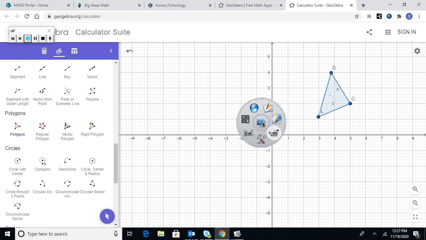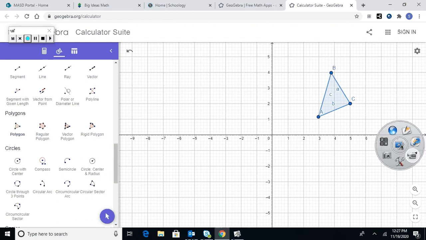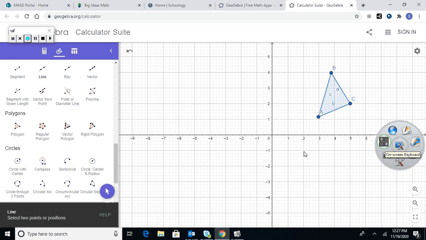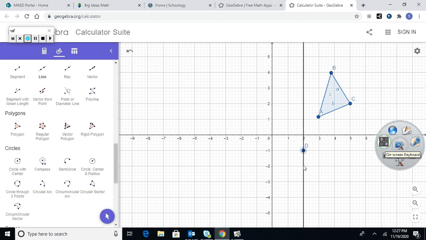And now, like I said, this exploration deals with reflecting this figure, this pre-image, in a pair of parallel lines. So I'm going to put a line at x equals 2, and then a parallel one at x equals -2. Just totally random examples here.